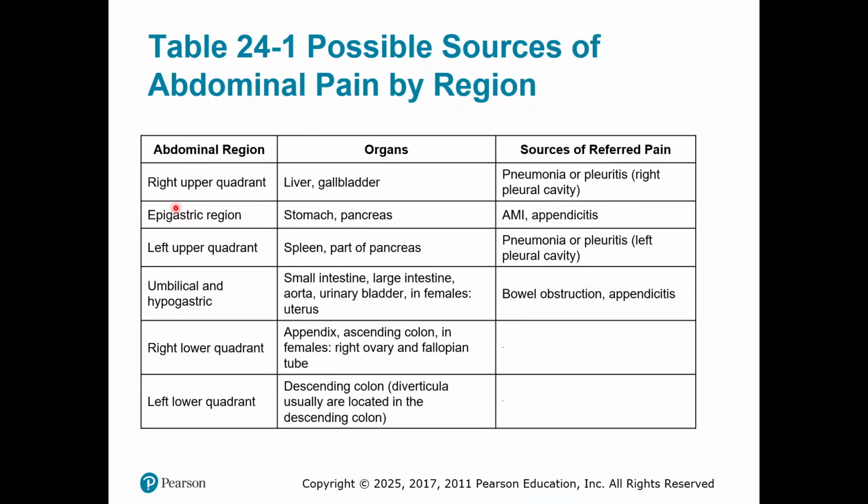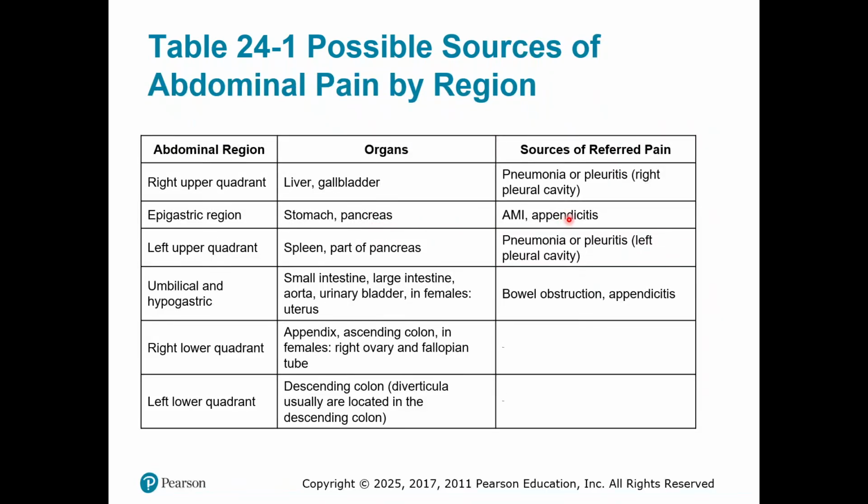Here we have the abdominal region, the organs, and the source of referred pain, right? Because referred pain is like, when you have generally an adult male patient with chest pain, it can be referred into the left arm, right? They're having cardiac related chest pain, but the pain's being referred into their back or their left arm. That's what referred pain means. So you can go through here and look at the region, like epigastric region, stomach, pancreas, right?